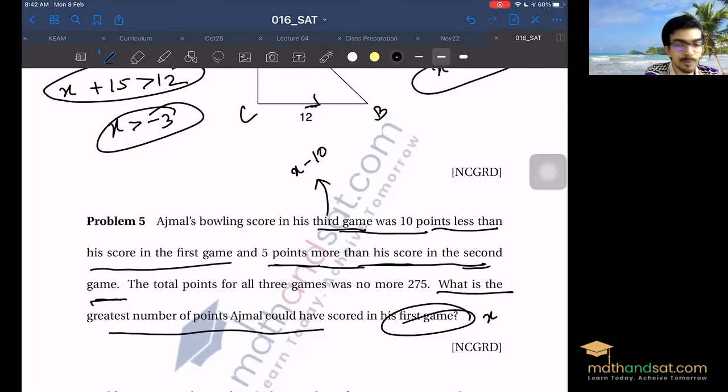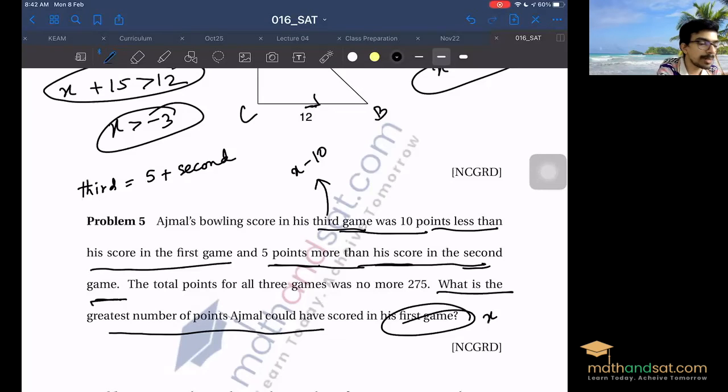We have information that the third game score is 5 points more than his score in the second game. So third is equal to 5 plus second. So how do you represent the score in the second game? It is third game minus 5, right?